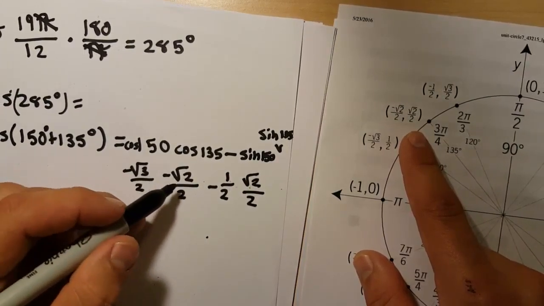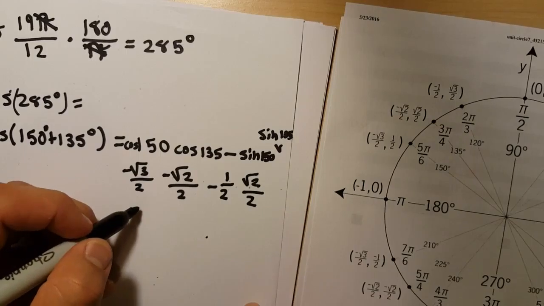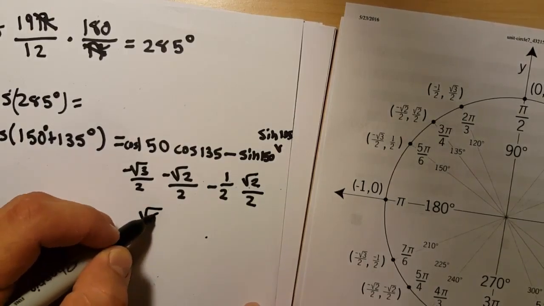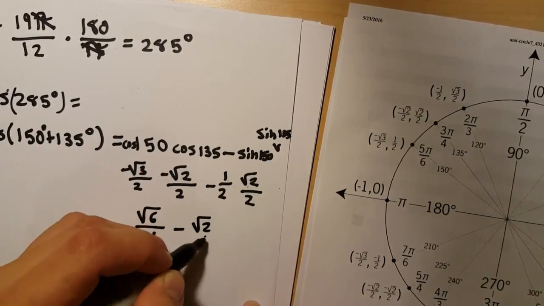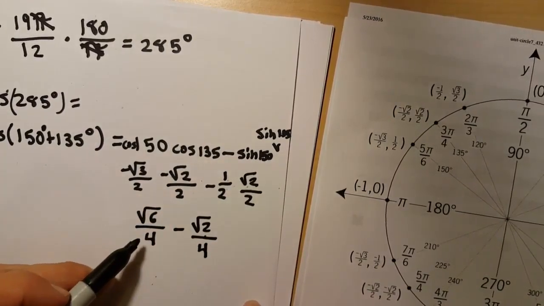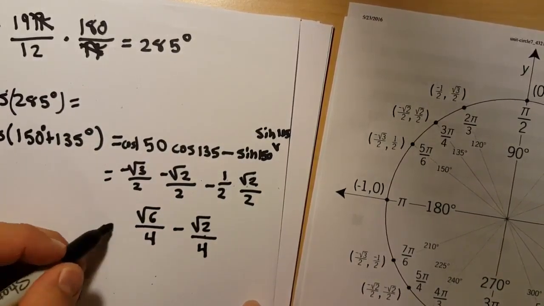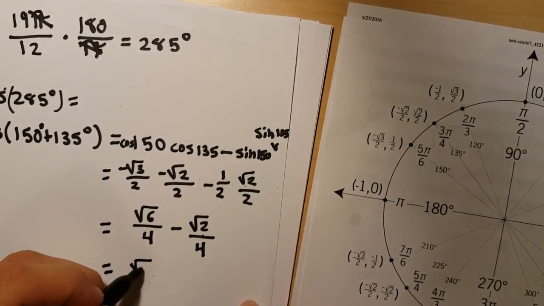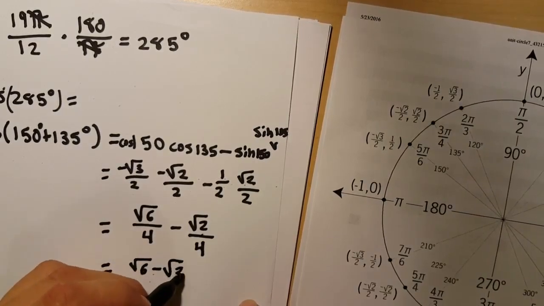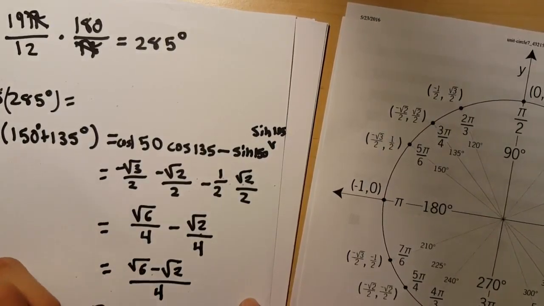So negative root 3 times negative root 2 gives us root 6 over 4, subtracted by root 2 over 4. And then that simplifies down to root 6 minus root 2 over 4.